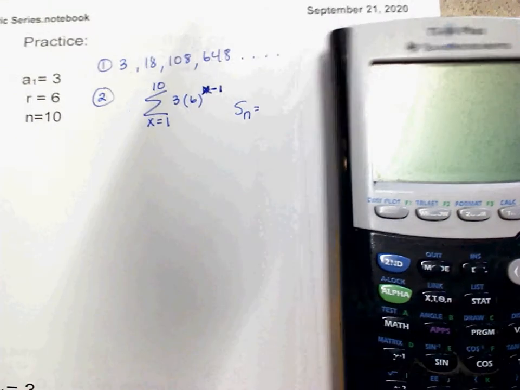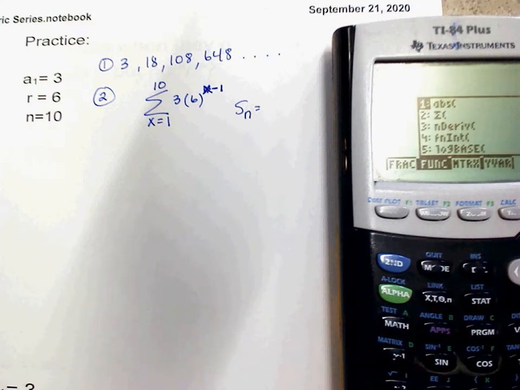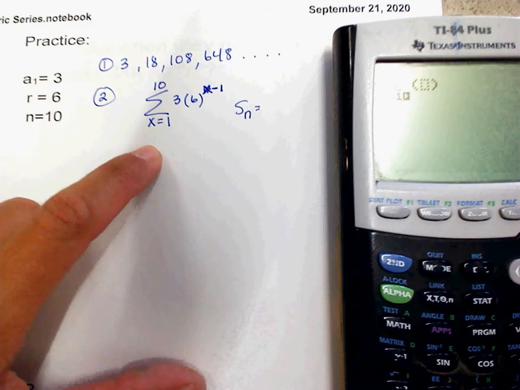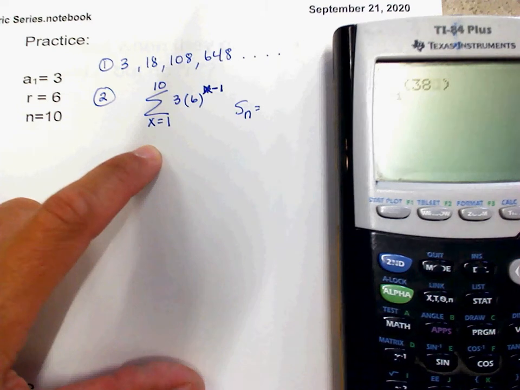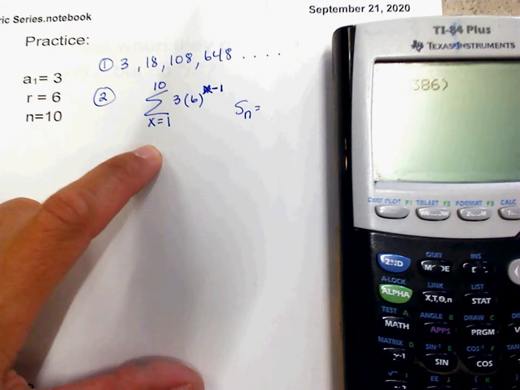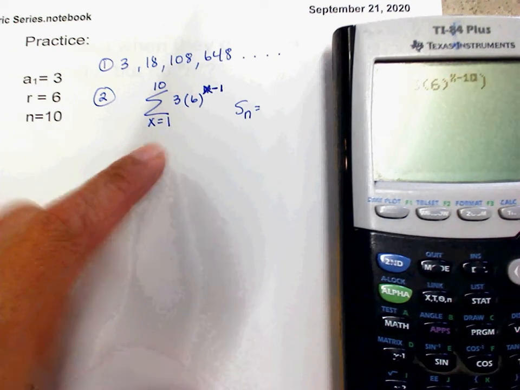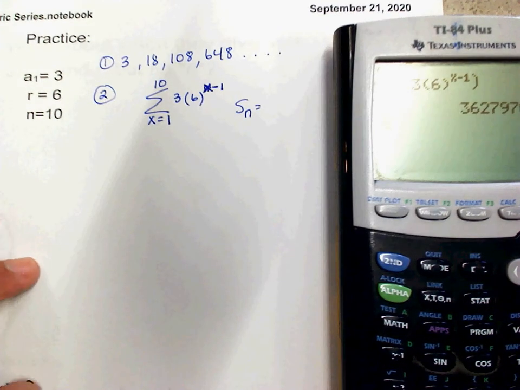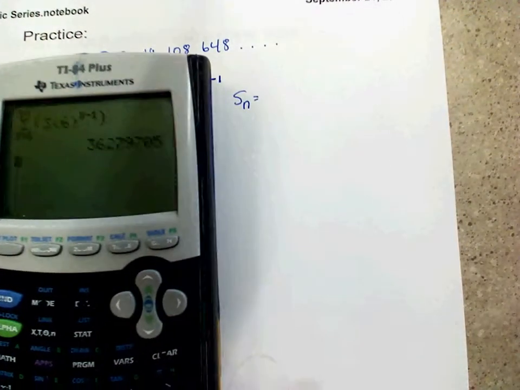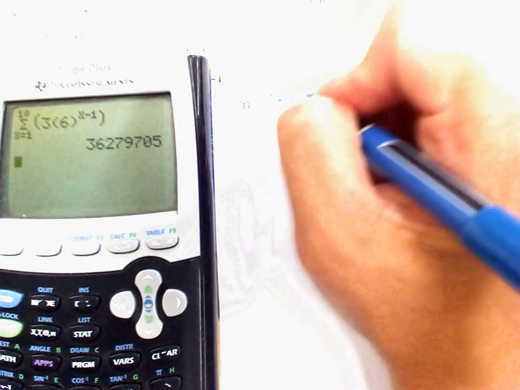Alpha window number 2, x1, right click, 10, right click, 3 parentheses 6, that is not a parentheses, 6 in parentheses, raised to the x minus 1. Do you guys see how I type everything inside the parentheses? Hit enter, and you're going to get a really big number. 362799705.